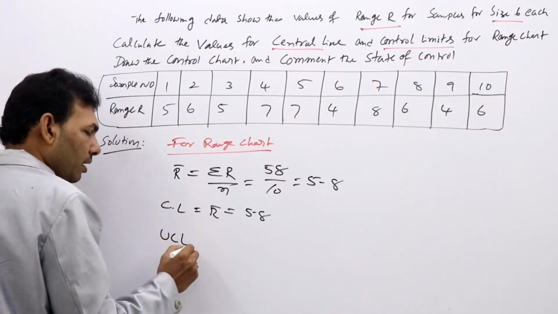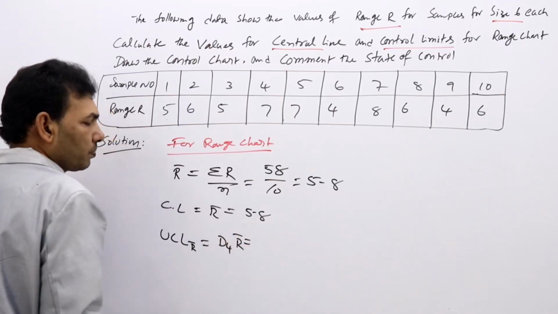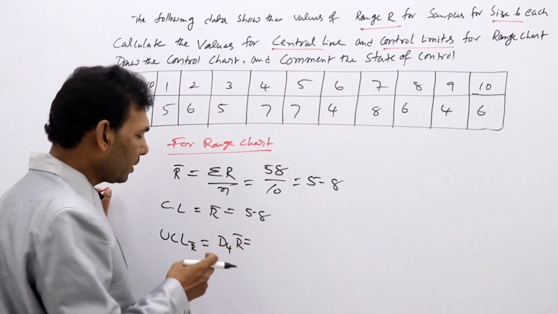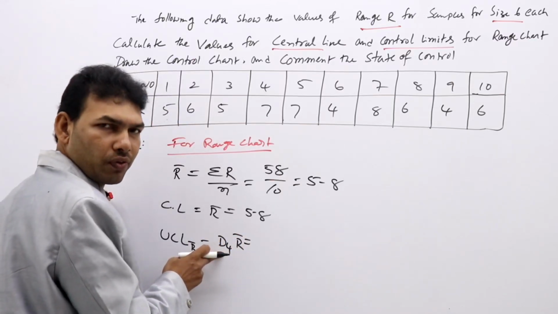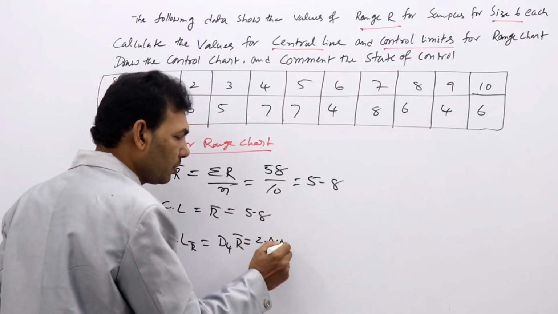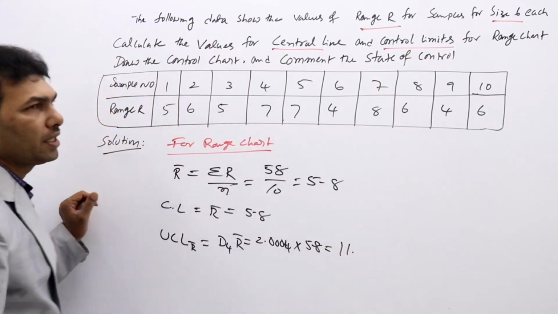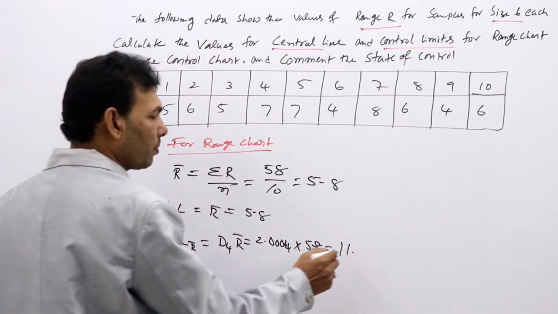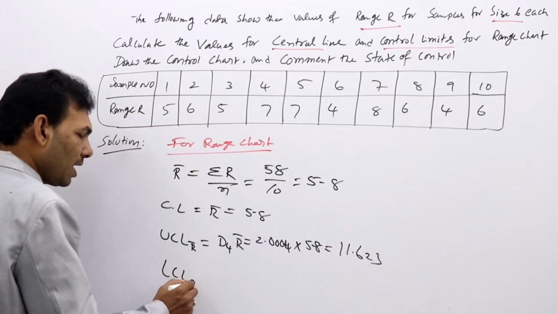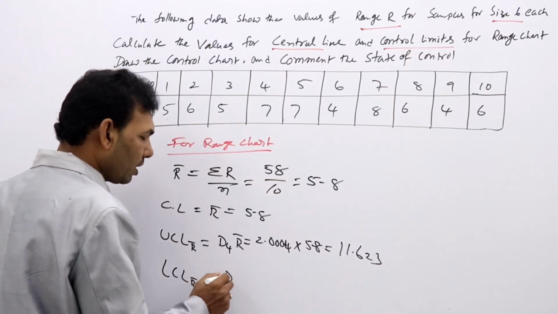Upper control line for R chart is D4 R bar. This is from the table; there is a control charts table in your textbook. From that you need to get the D4 value. See the table value, 2.004 into 5.8, you need to calculate. It is approximately 11.623. Like that, calculate LCL: lower control limit is D3 R bar.